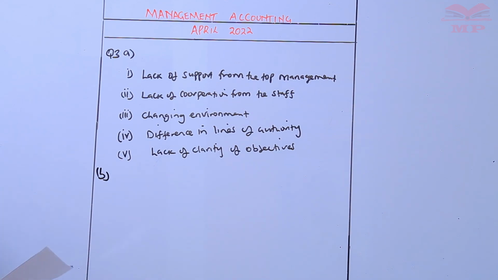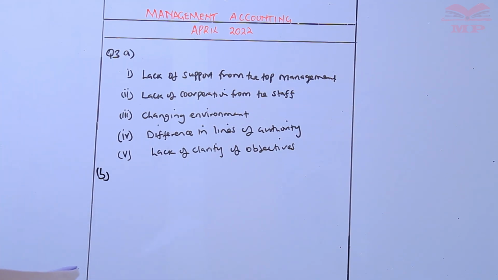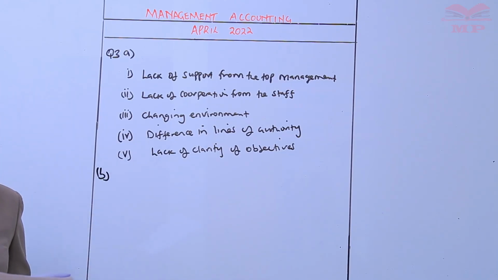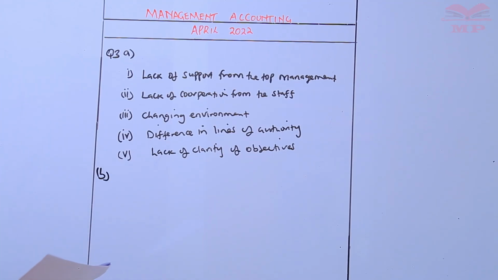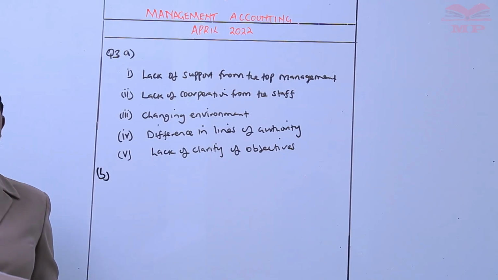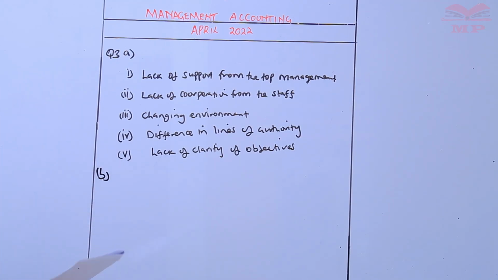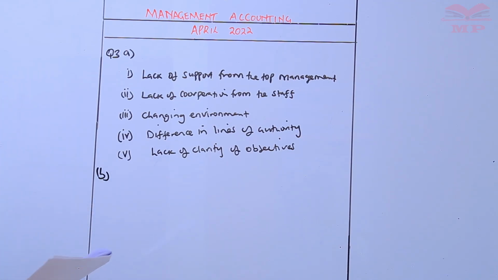So again, to answer this question, we have different approaches that we use to advise the management that wants to buy a quantity that is above the economic order quantity. And therefore, when you look at this question, it is simply referring to a multiple price approach. So it is not a one price approach, but it is a multiple price approach. And therefore, how do we advise the management where we use multiple price approach?